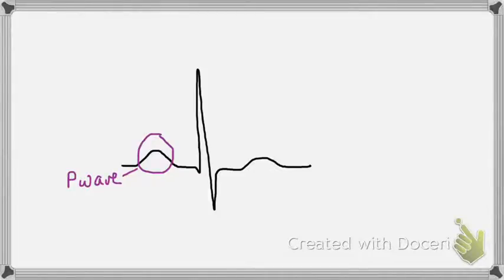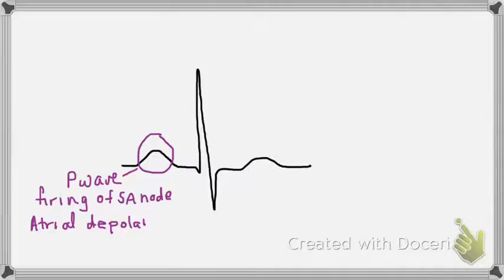What the P wave represents is the firing of the SA node, and the conduction of the impulse through the atria, so it's also known as atrial depolarization. Okay, so that right there is our P wave.